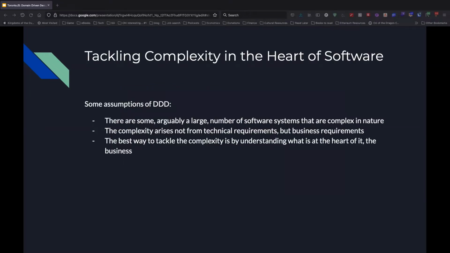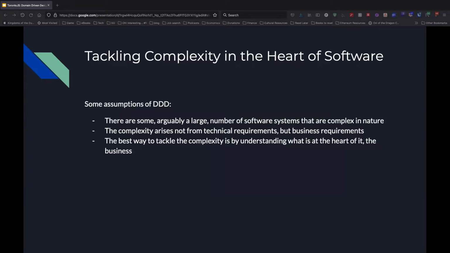So, tackling complexity in the heart of software. From my understanding of DDD, there are some assumptions made by DDD that make it worthwhile to do domain-driven design. Without them, why are you using domain-driven design?